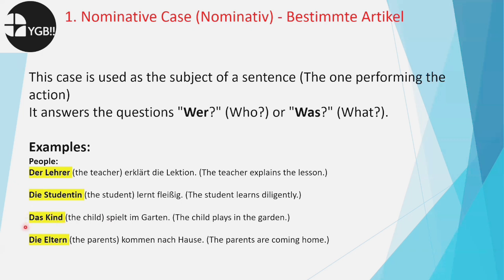We use das. And die Eltern, plural form. That is why we use die. Here we have covered all the cases: masculine gender, feminine gender, neutrum, and plural. And as a subject, the nominative case means when you talk about the subject of a sentence or an action, the doer of an action. Hope this is very clear to you.